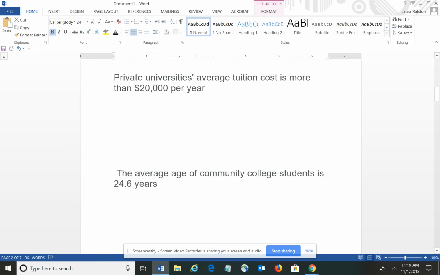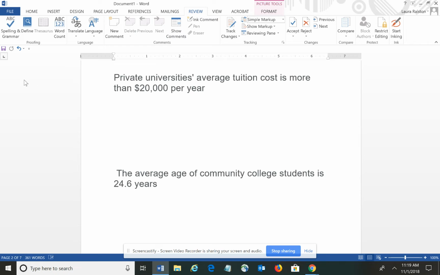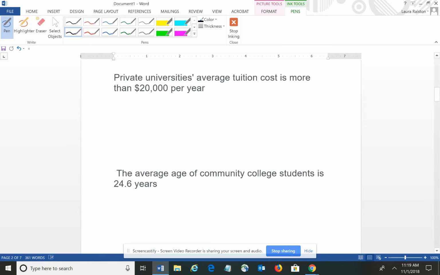The first one reads, private universities' average tuition cost is more than $20,000 per year. One of your hypotheses has to be stated in the story. Now, this one again is very straightforward, and you want to look for keywords and key phrases to get a sense of what's going on.